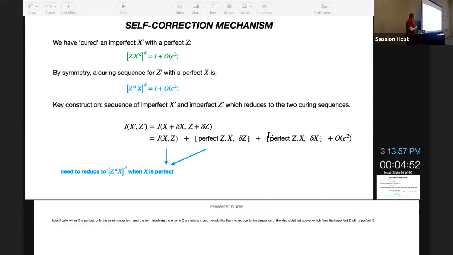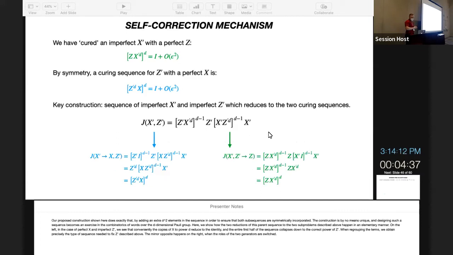And so when x is perfect, delta x is 0, right? So that third term doesn't matter. The first two should look like the sequence. Similarly, when z is perfect, the sequence follows, whereas the third term belongs to the main sequence. And the claim is that the candidate sequence I provided performs exactly that. Right, so it doesn't need to follow the algebra again.